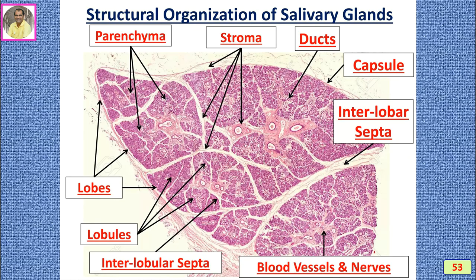So for the structural organization of the salivary gland, please see the different structures like parenchyma, then stroma, then ducts in between, then capsule, then interlobar ducts present inside the salivary glands, and later they are secreted into the buccal cavity.